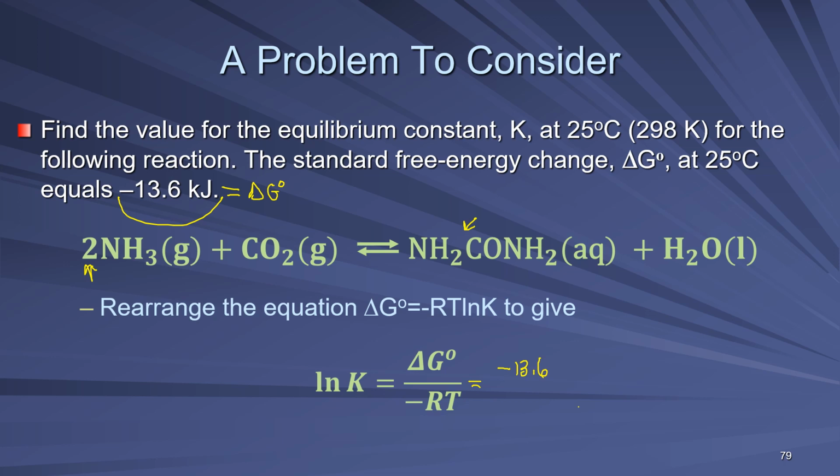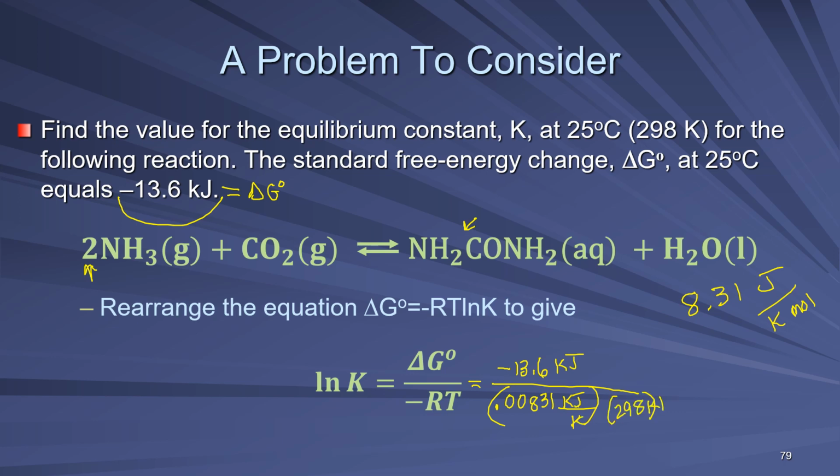You want to be careful because this is kilojoules. And then R is 8.31 joules per mole Kelvin. And so if you're going to keep this in kilojoules, you want to make this 0.00831 kilojoules, and then 298 Kelvin.